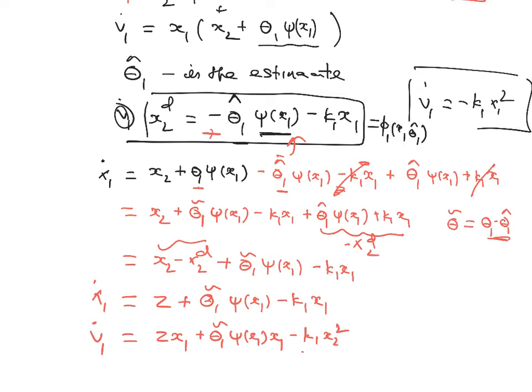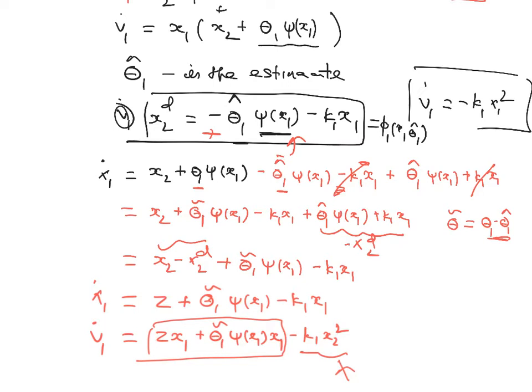We wanted this to be this, but right now things are not zero. Neither z is zero, nor theta bar dot is zero. So these two terms keep hanging there. We will make our controller such that it will make these two terms go to zero then. So that's my V1 dot.